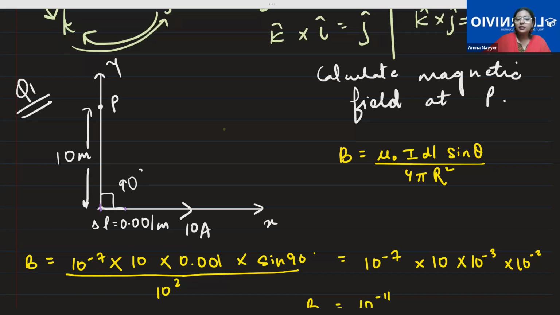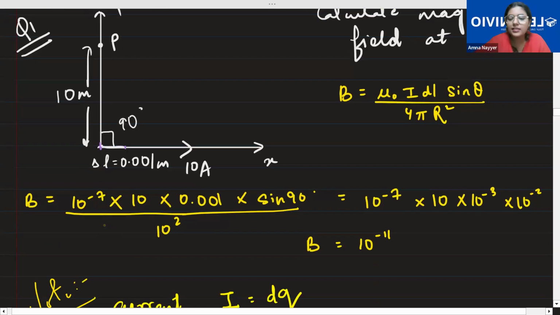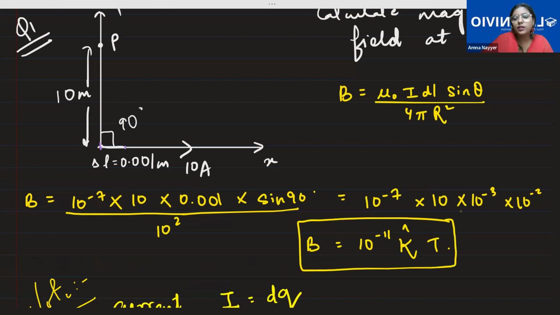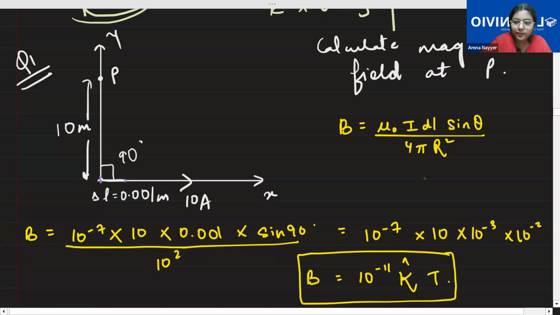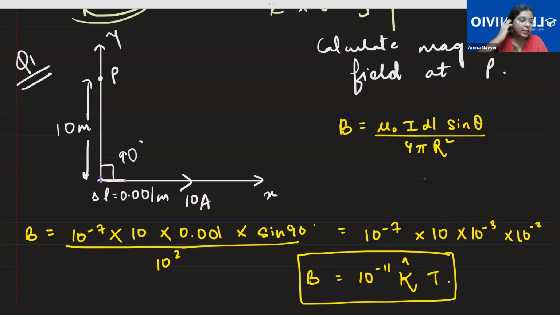That is the z-axis, because upwards is y-axis, rightwards is x-axis. So this is the z-axis, which is k cap Tesla. This is how we'll write the answer. Got it? Yes, ma'am. Anything you want to ask in this? No, ma'am. Note it down, then I'll tell you one more thing based on this formula. Please write it.